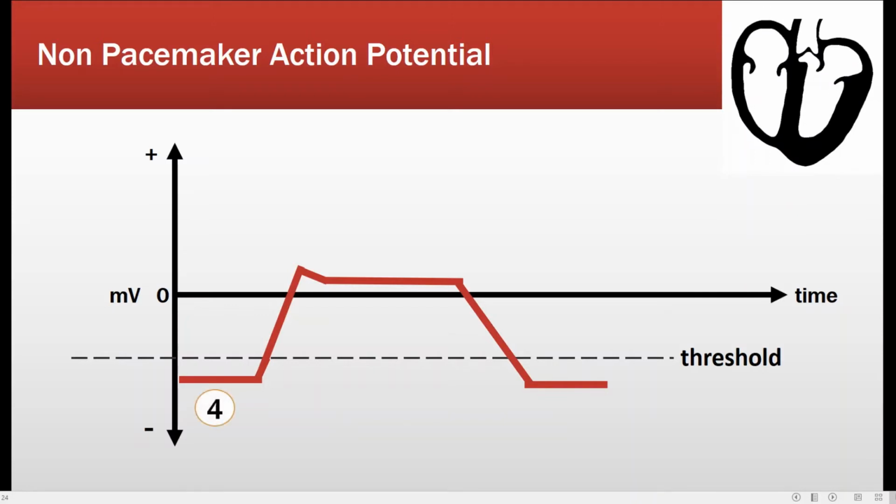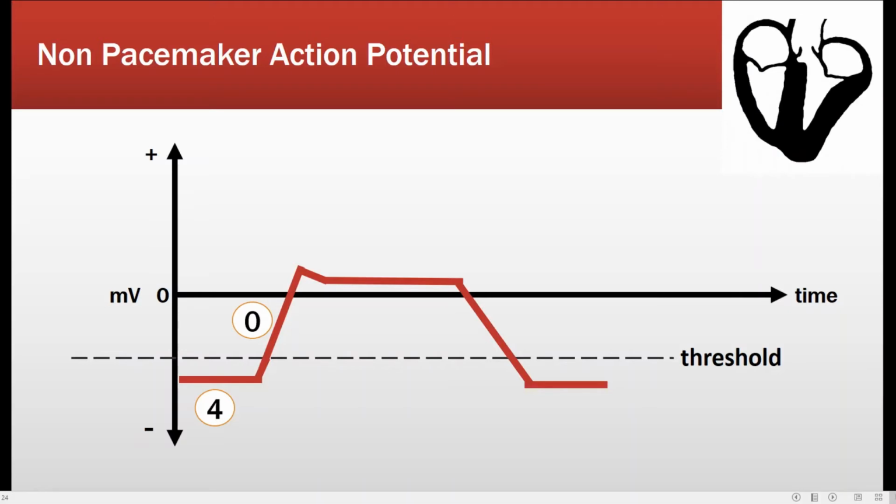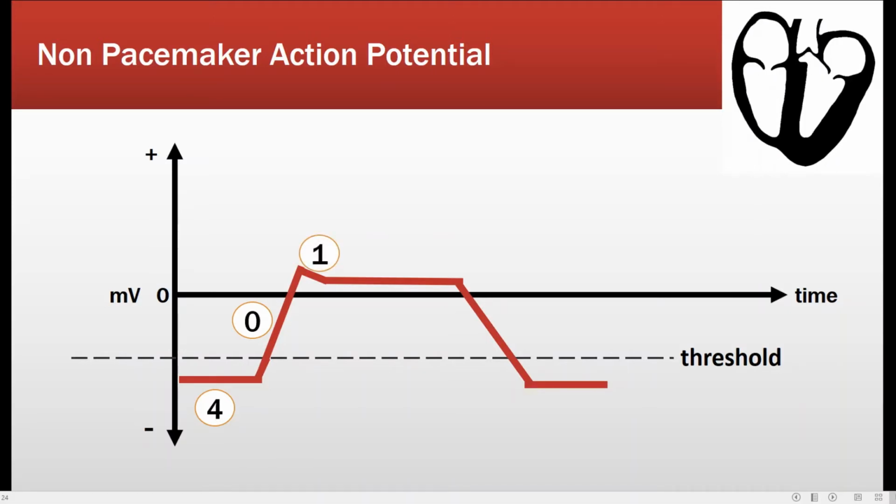Now, in your non-pacemaker action potential, we have four phases. The resting membrane potential is phase 4. Phase 0 is depolarization. Phase 1 is early repolarization.